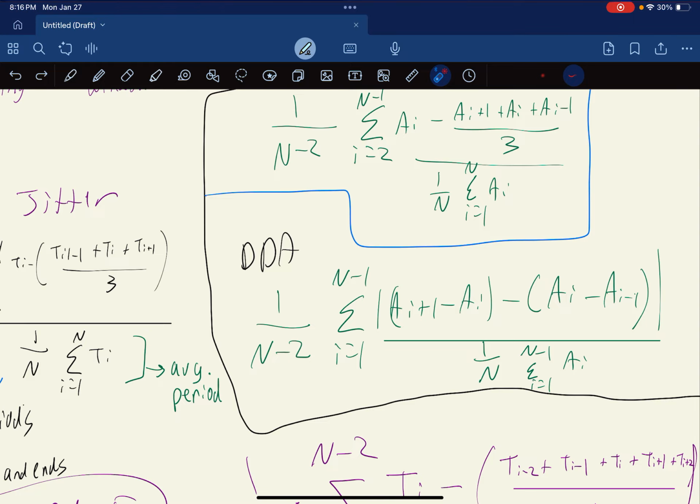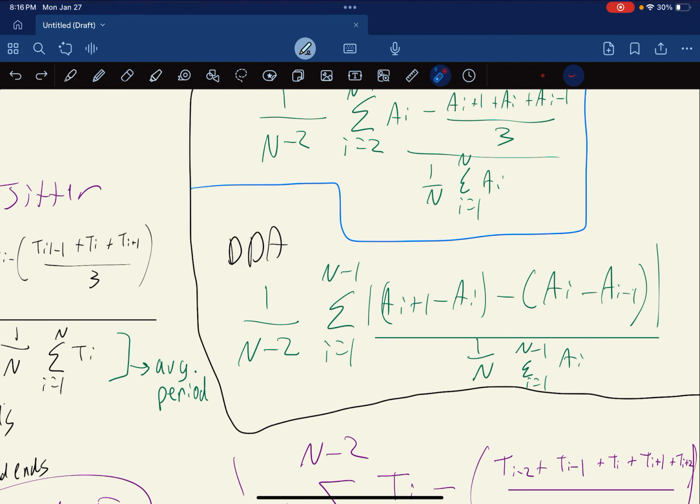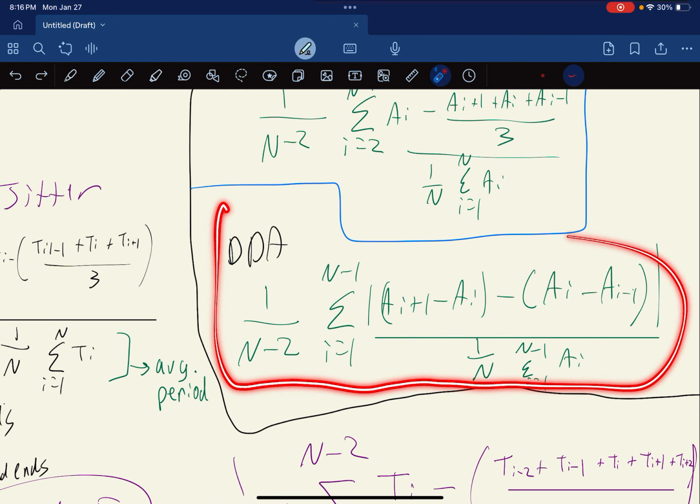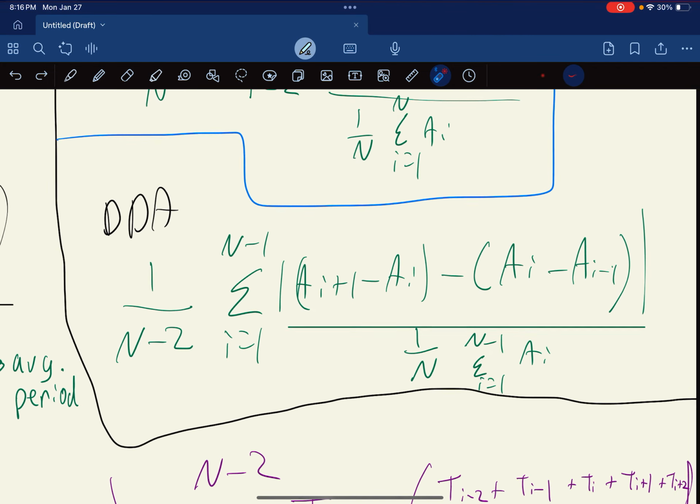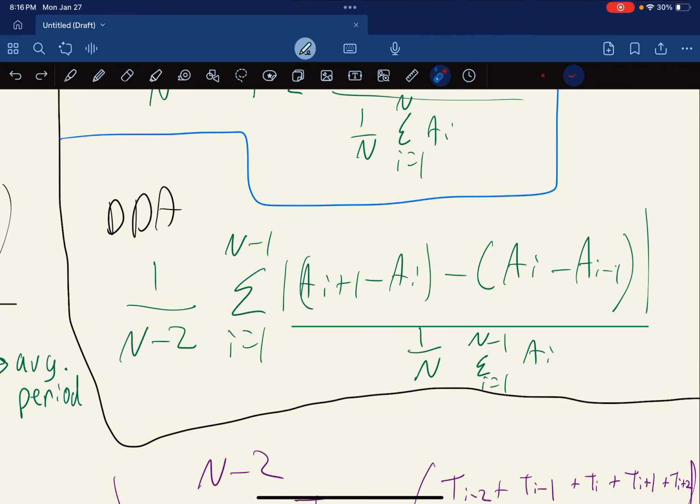Now, DDA. This is for shimmer, DDA shimmer, and what DDA shimmer does is it measures the change of the change.